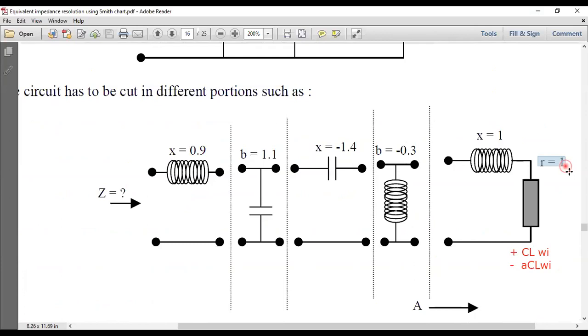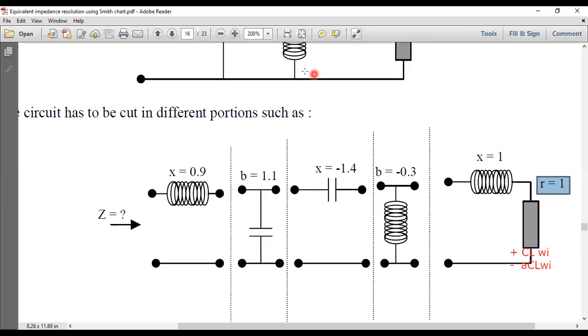For this R, I will make one small change. I will only change the value of R: R equals roll number divided by 10. Suppose my roll number is 7, so 7 divided by 10, my R value is 0.7.